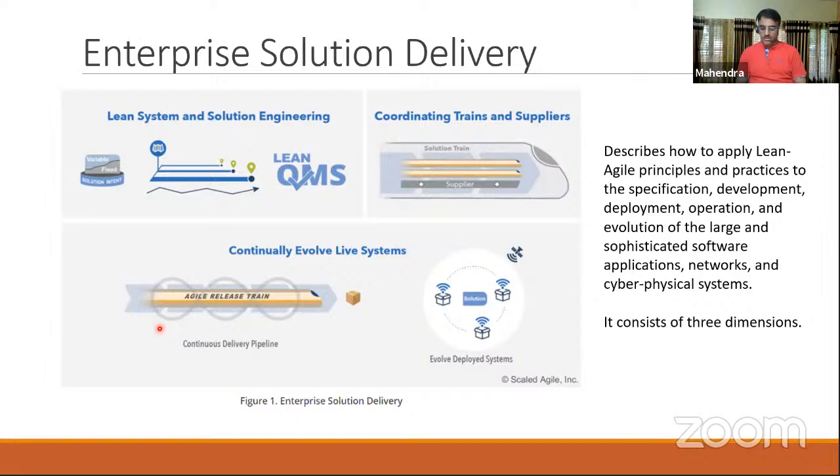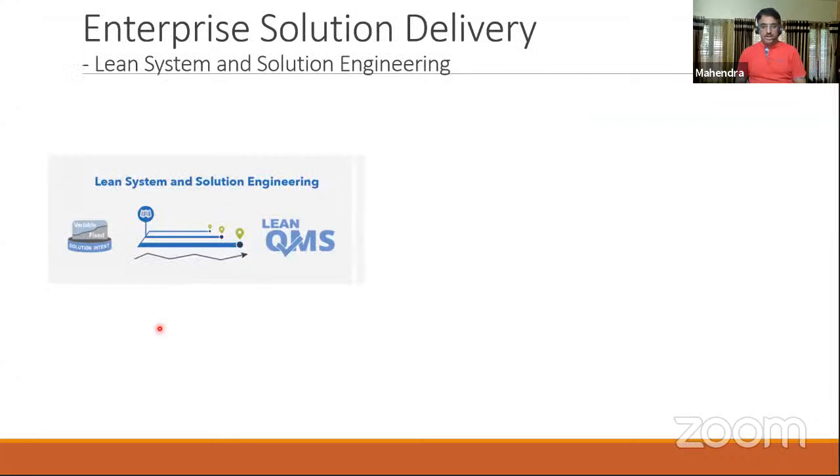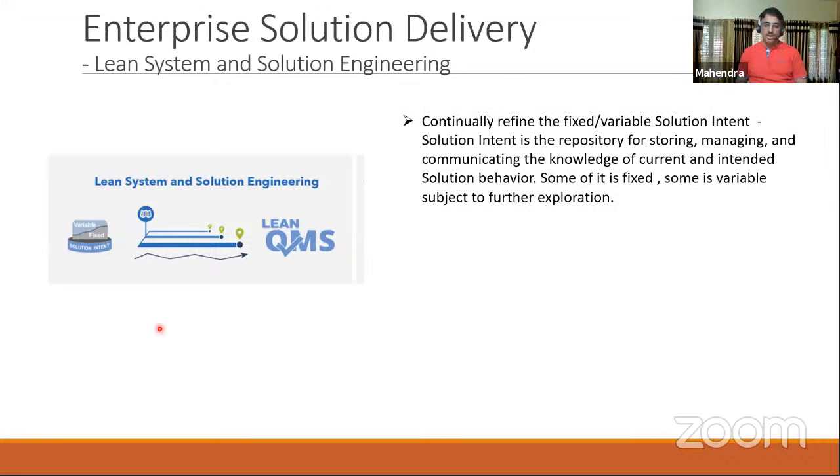What if a solution requires more than that? That is where we talk of large solutions. This competency talks about how we cater to large solutions. Here we talk about a solution intent, wherein there's a fixed part of the solution intent and a variable part, which is subject to further exploration.